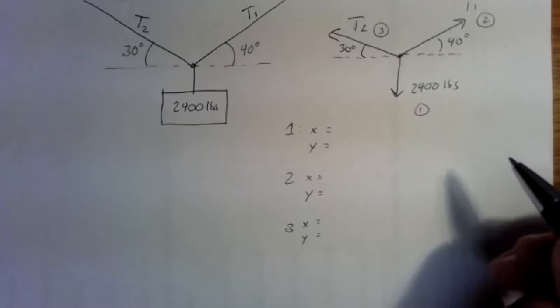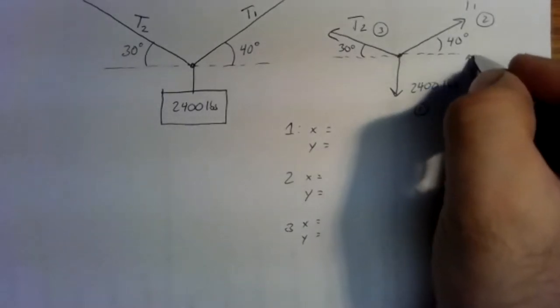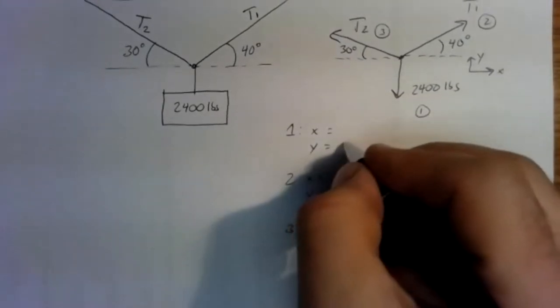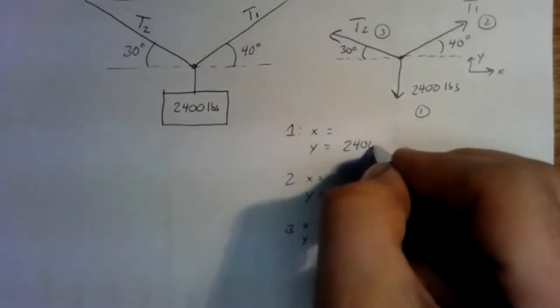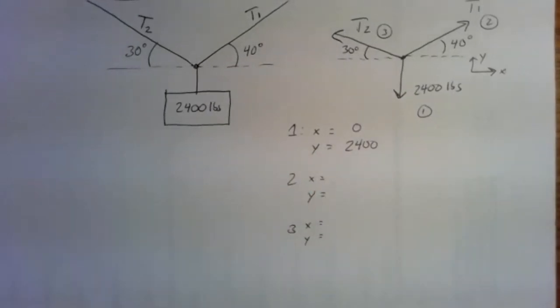Well, vector 1's easy. It's pulling straight down. Don't forget the coordinate system. Pulling straight down, it's all y. So 2,400 pounds down, no pounds to the left or the right. Then we get to vector 2, which is this T1 at 40 degrees.